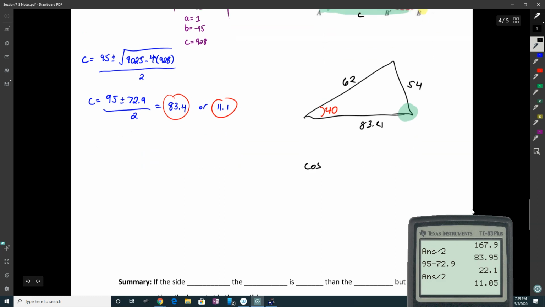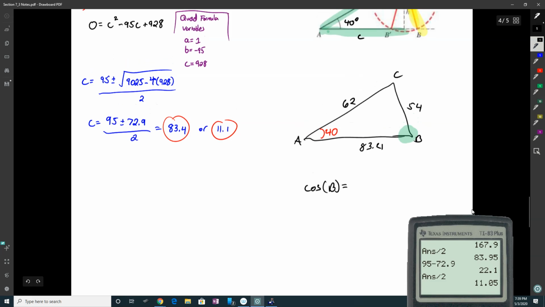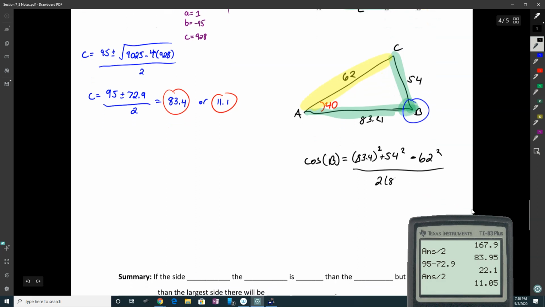I know that this is angle A, angle B, angle C. Cosine of B is equal to the two sides that are sandwiching it squared minus the opposite side squared, all divided by 2 times 83.4 times 54.